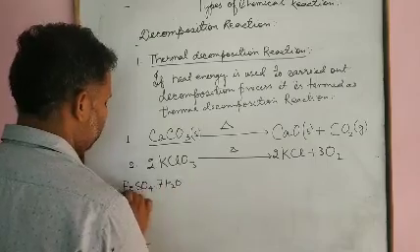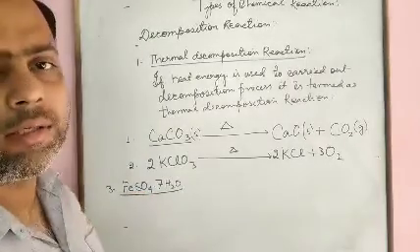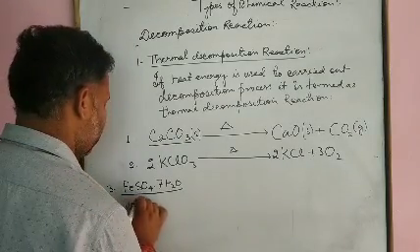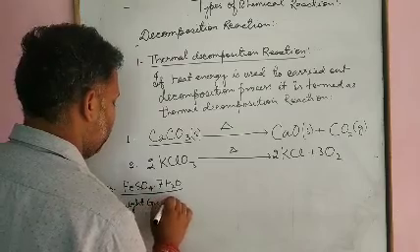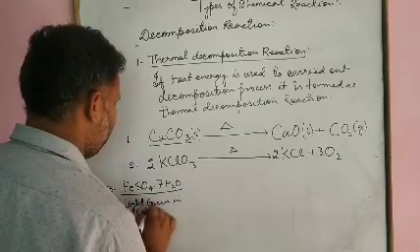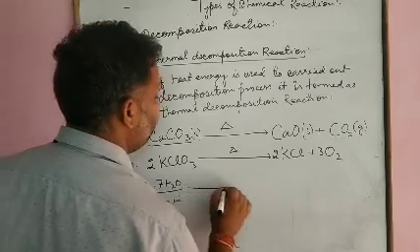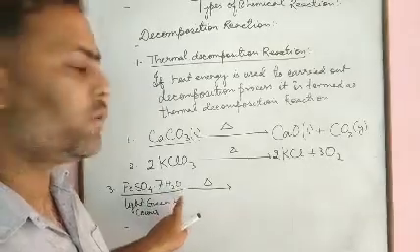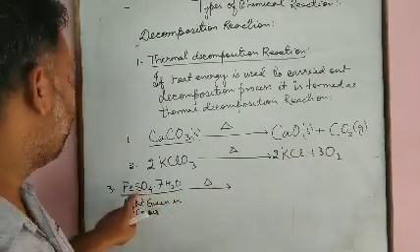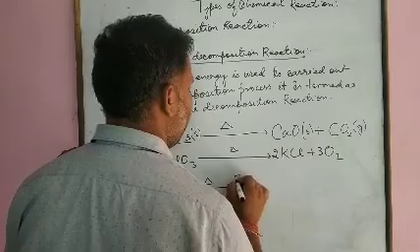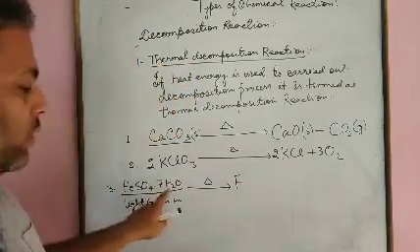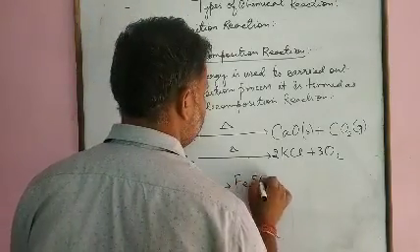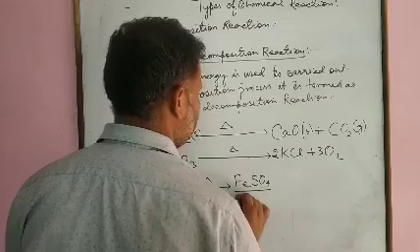By taking another example, the third one, when ferrous sulfate, FeSO4.7H2O, that is ferrous sulfate heptahydrate, which is light green in color, when we heat it, then first of all it removes this water of crystallization and it forms anhydrous ferrous sulfate. Anhydrous means the water is removed. FeSO4 is white in color.